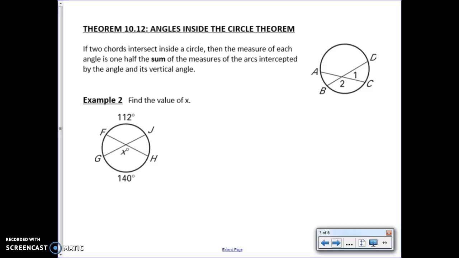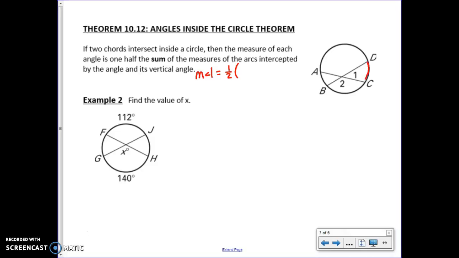Our next theorem, if two chords intersect inside a circle, then the measure of each angle is 1/2 the sum of the measures of the arcs intercepted by the angle and its vertical angle. Okay, so I want to talk through this with some specific examples. So, for instance, if we are trying to find the measure of angle 1, it is half of the two arcs added together that it opens up to, its intercepted arcs.